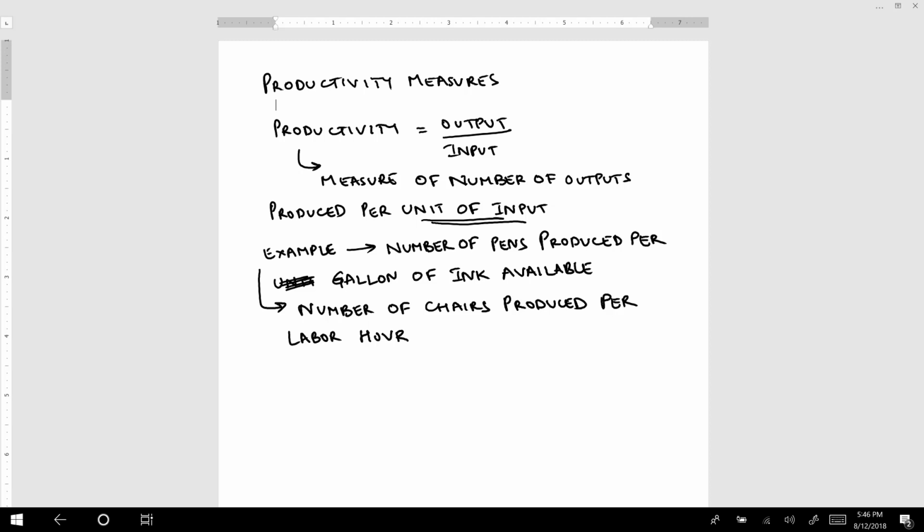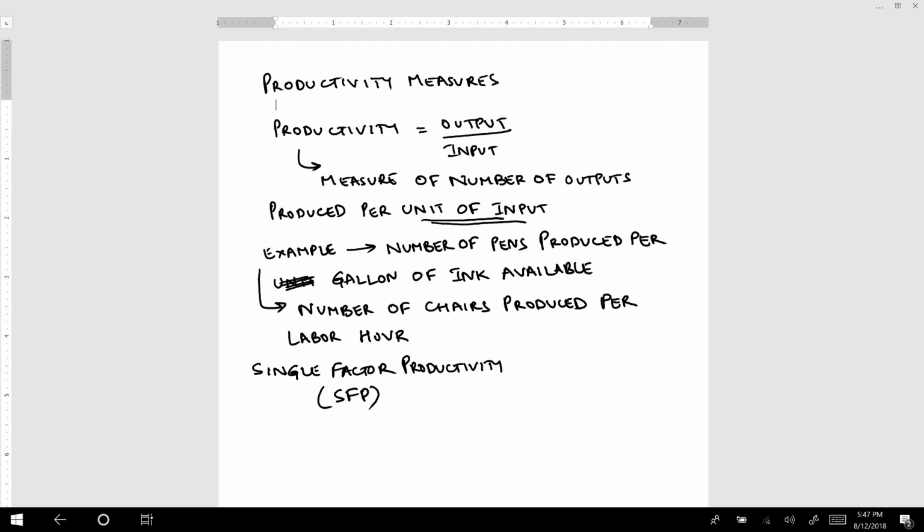So there are two types of productivity measures. These are called single factor productivity, which I can represent by SFP.